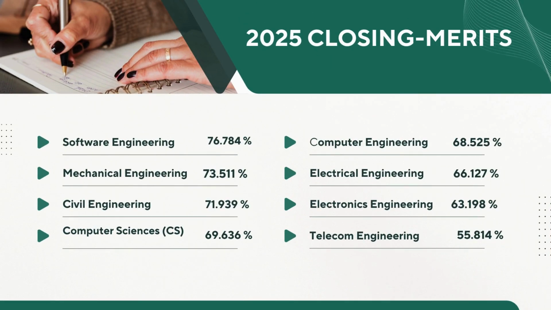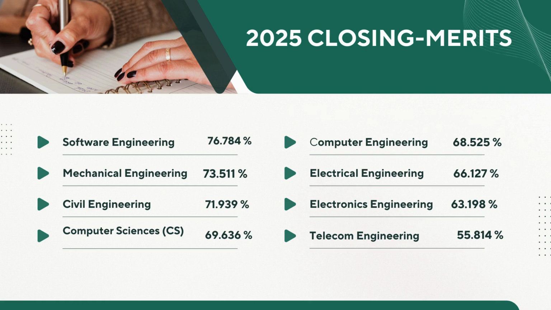2025 closing merits: Software engineering, 76.784%. Computer engineering, 68.525%. Mechanical engineering, 73.511%. Electrical engineering, 66.127%. Civil engineering, 71.939%.